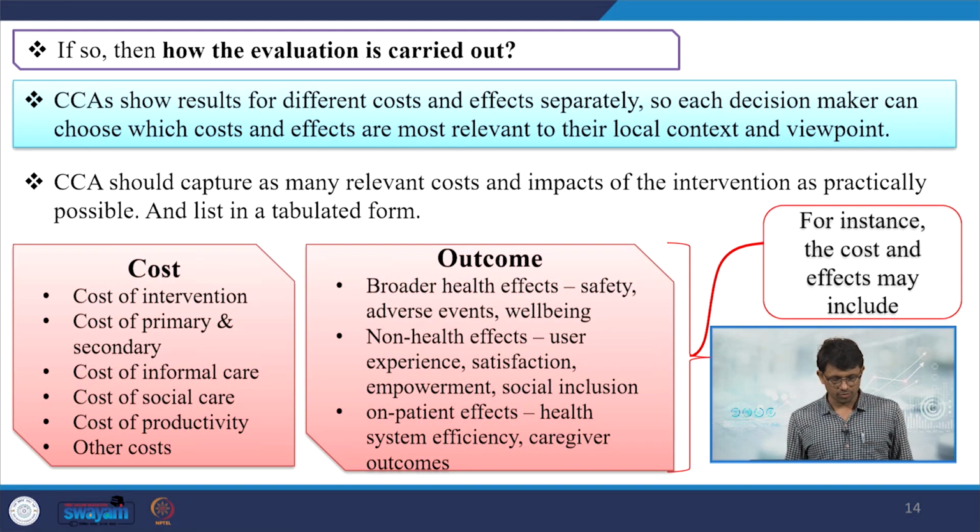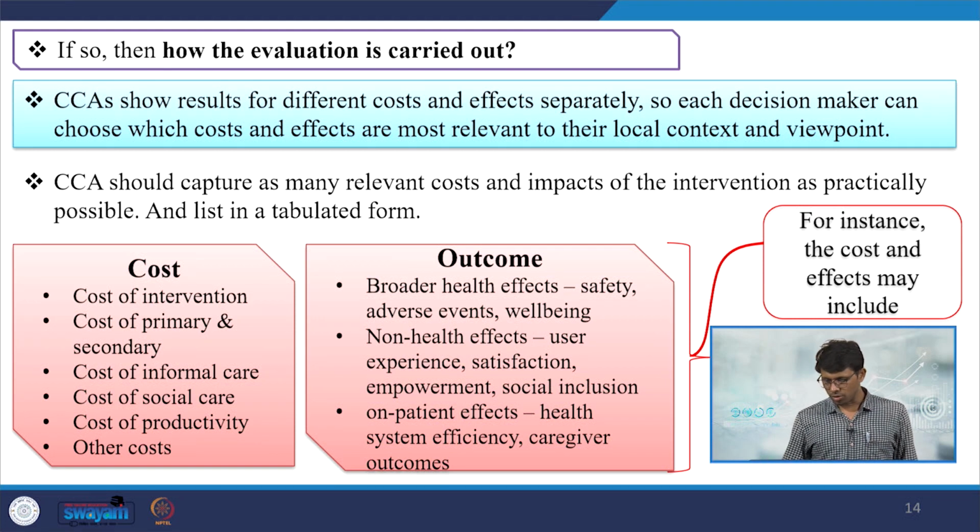CCA should capture as many relevant costs and impacts of the intervention as practically possible, and list them in tabulated form by cost and their outcome. By cost, it might be cost of intervention, cost of primary and secondary units, then cost of informal care, then social care, etc., productivity and other cost.